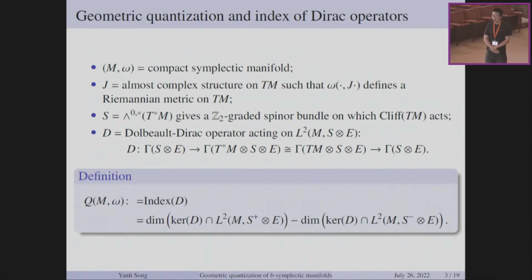Okay, so we use this Dirac operator, use the index to redefine this quantization. First, we can apply the index theory to compute this number. Secondly, it has more flexibility, because if we define the geometric quantization as an index of some operator, then all we need is to construct some Dirac operator acting on the sections.